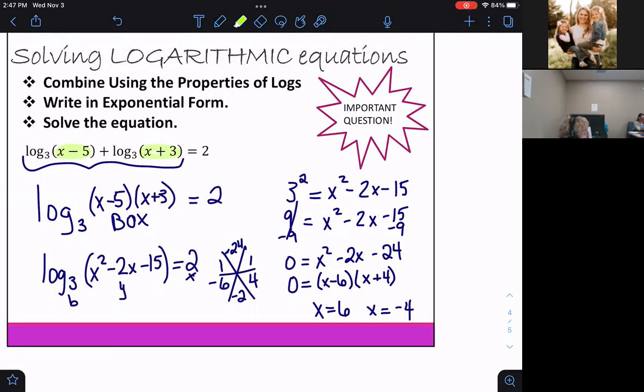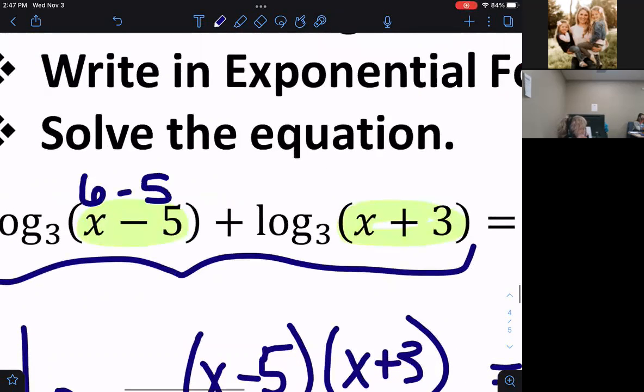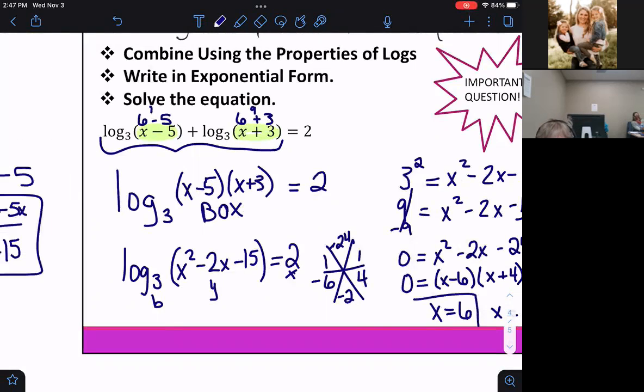So if I take 6 and I plug it into both sets of parentheses, I would take 6 minus 5 and then 6 plus 3. Well, 6 minus 5 is 1. 1 is positive, so we're good. 6 plus 3 is 9. 9 is positive, so that one works as well. So 6 is going to be an answer.